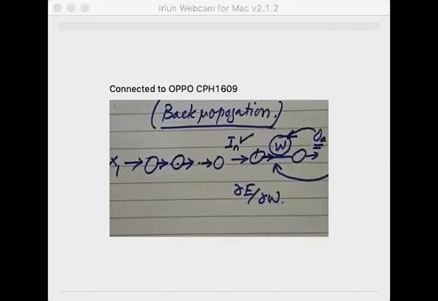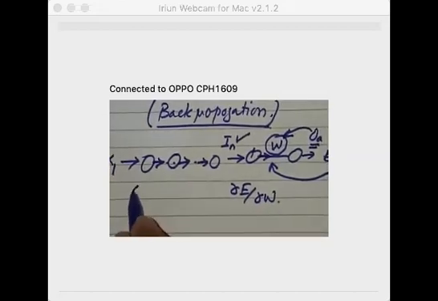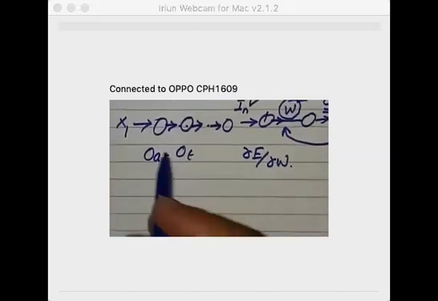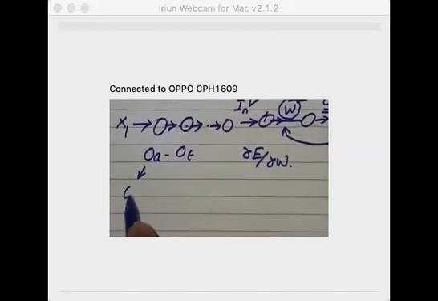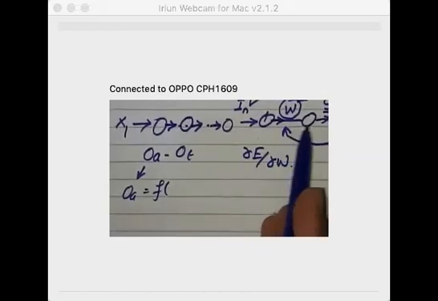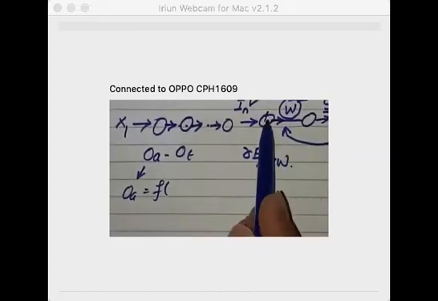So if I have this error expression, which is OA minus OT, OA is basically a function of the input to this neuron. The input to this neuron is the output of the previous neuron.